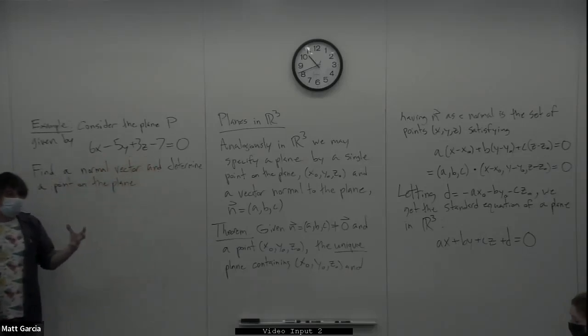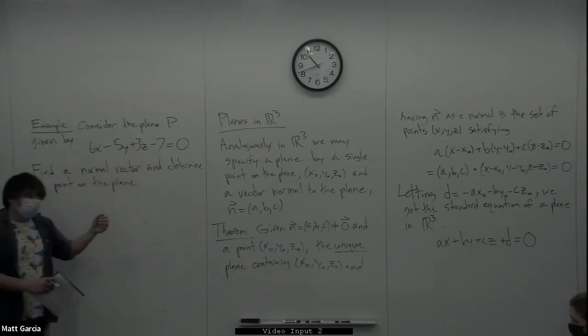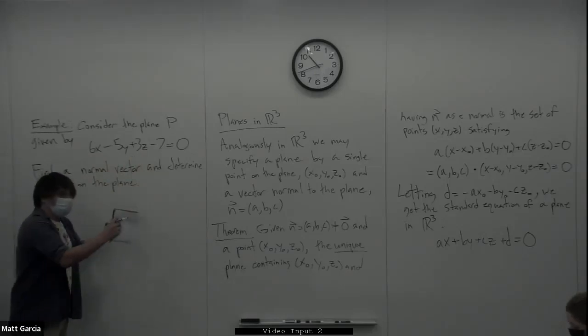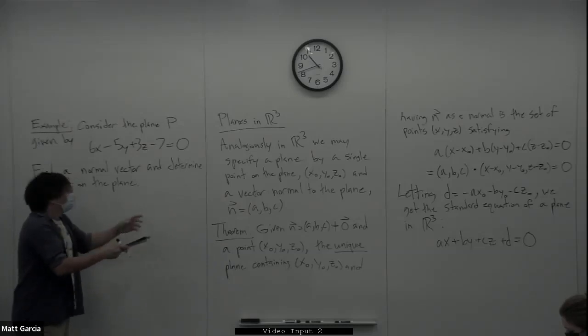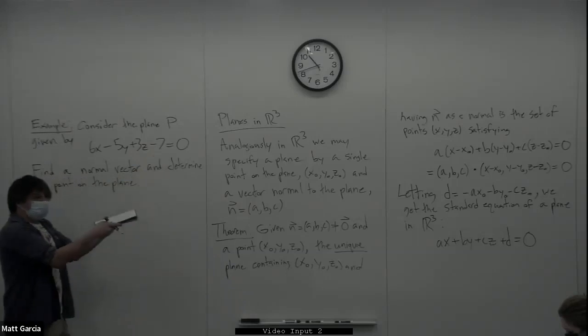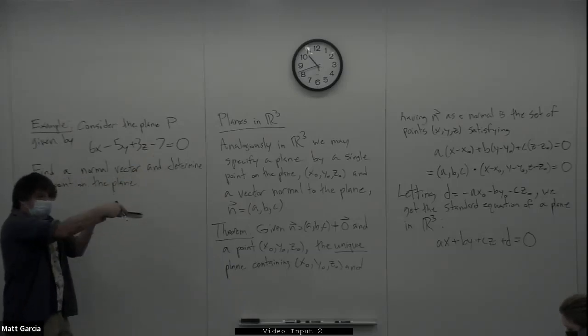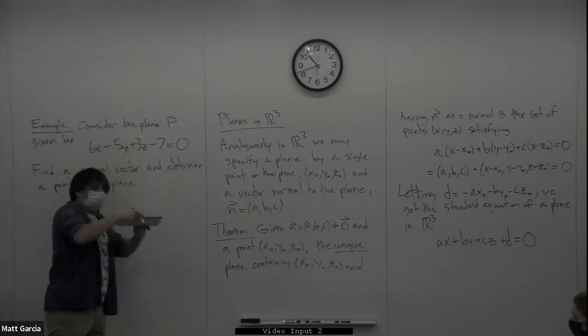Remember when we talked about the standard equation of a line, determining a normal vector, the constant term doesn't matter. That just specifies where the line is. It doesn't change the slope of the line, right? Analogously, changing this constant term, you get the same tilt of the plane, but it gives you parallel copies of it, right?